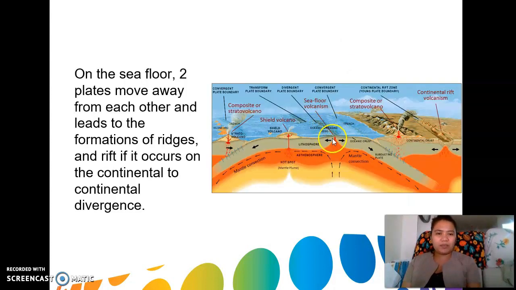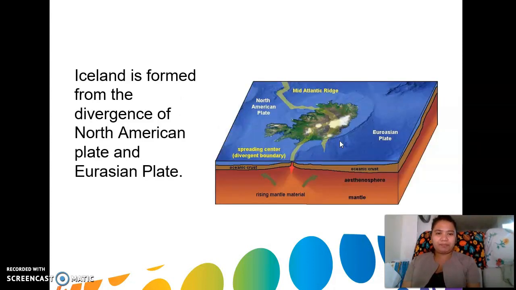This is the ridge system that I am referring to. Ridges are a series of mountains formed through the opening in the ocean floor at a divergent boundary.